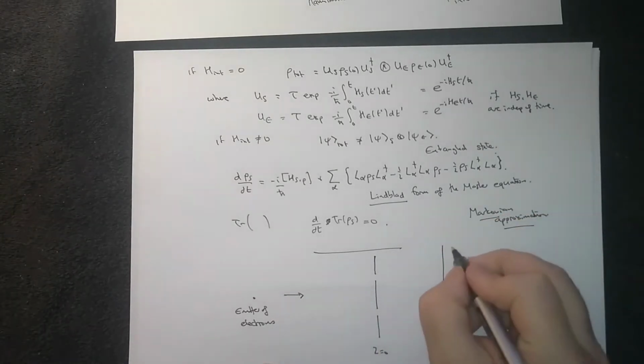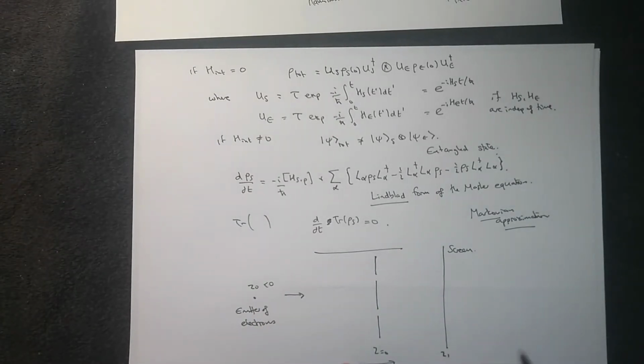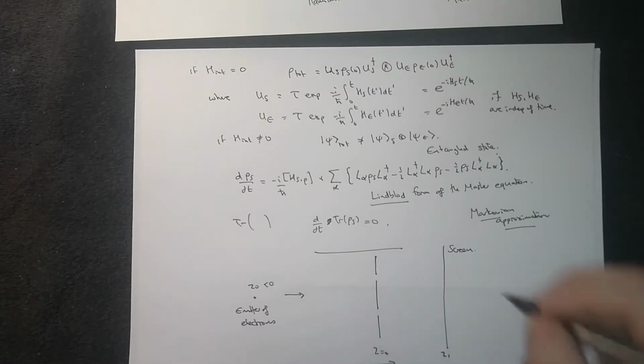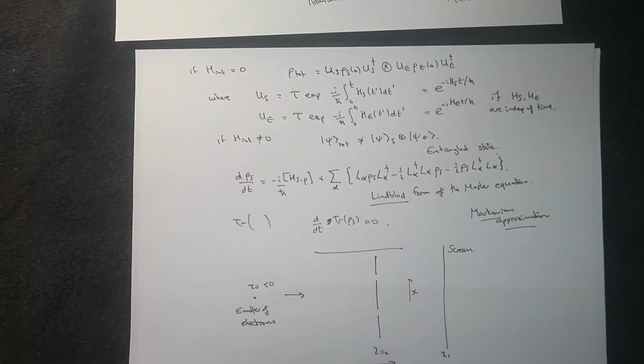On the other side we have a screen. We'll have the emitter at z0, which is going to be less than 0. This is the z direction, and this is z1, the location of the screen. This we will take to be the x direction, and the y direction is orthogonal to the paper.